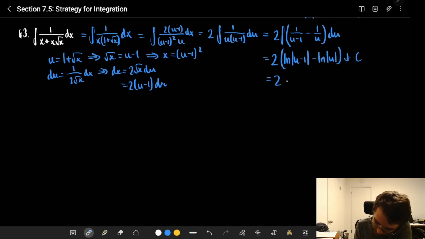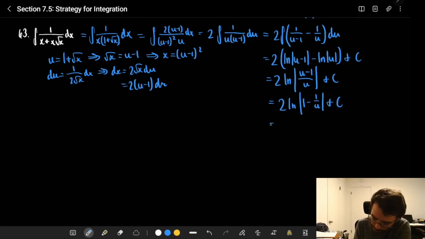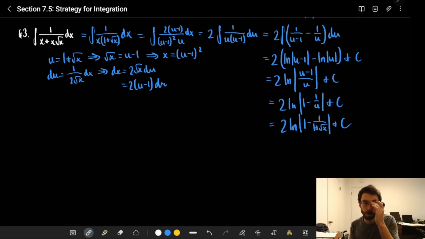Maybe rewrite that as just 2 natural log of a quotient. This is looking very similar to a previous problem. Write it as nicely as I can, and then plug back in for u. U was 1 plus root x. Ta-da. Okay, so square root shows up, pick it for u, and hope for the best.